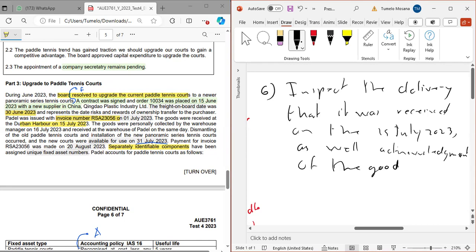Because if the goods were received, I need to make sure that they were received by us, right?